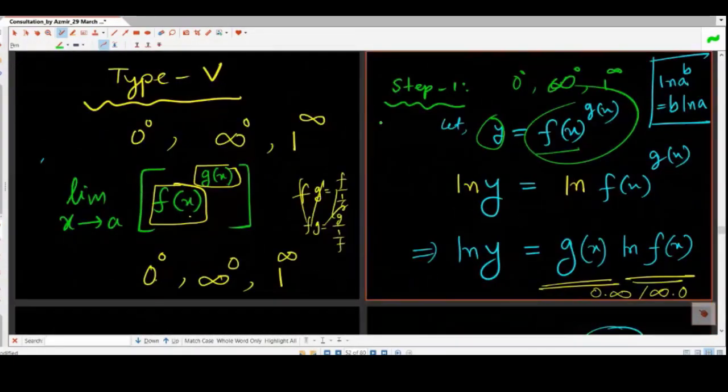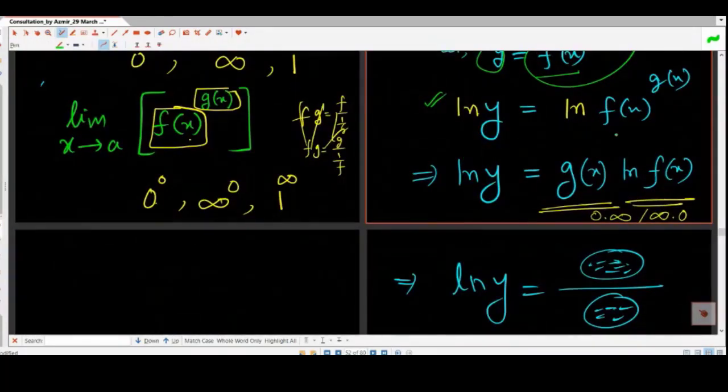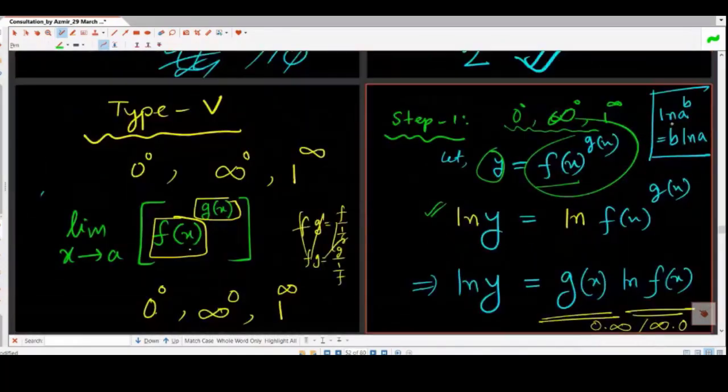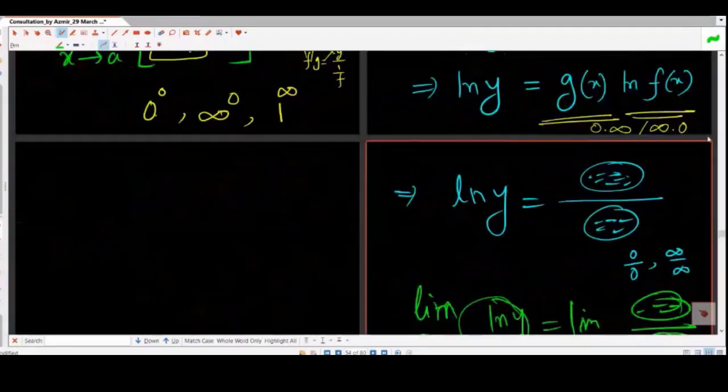So again, the steps are, at first we have to confirm whether it is of type 5 or not. If it is of type 5, then we have to consider y for that function and then take natural log on both sides. Automatically, you will have this property, natural log of a power b is b natural log of a. And finally, you will get a product form.